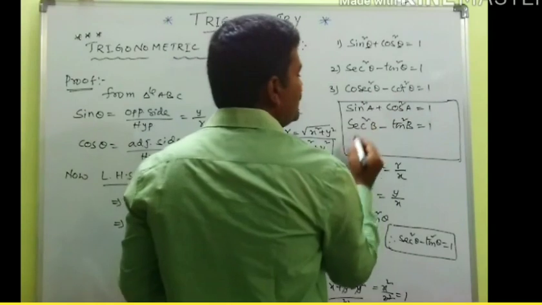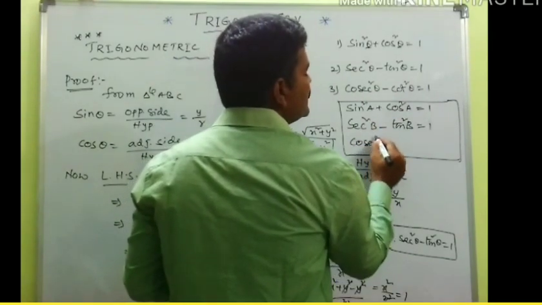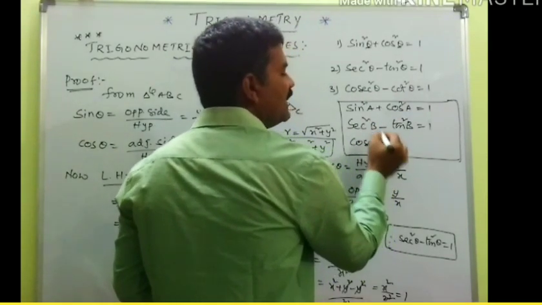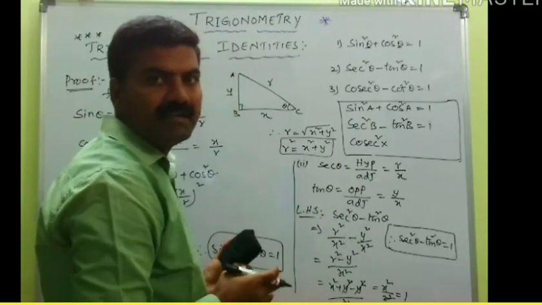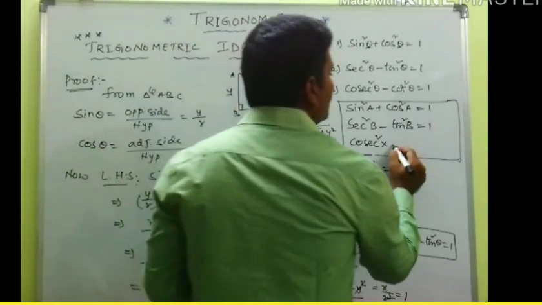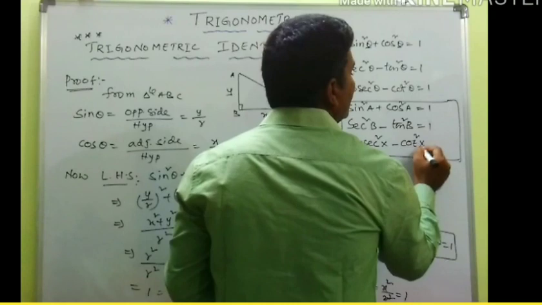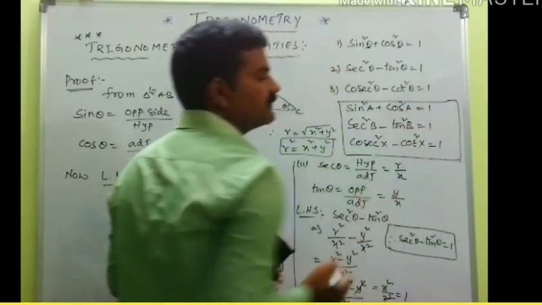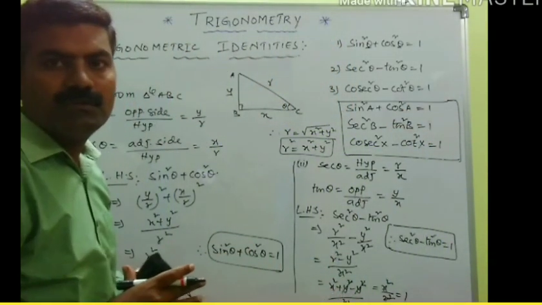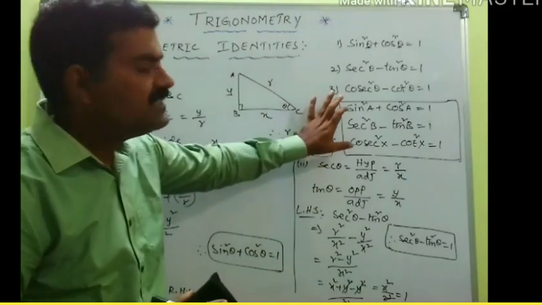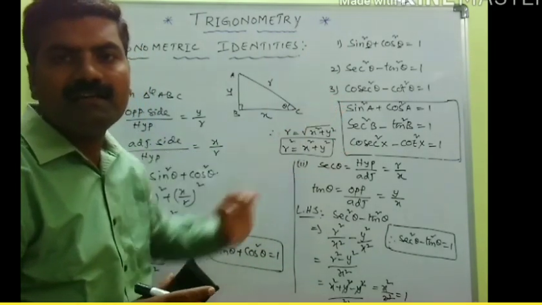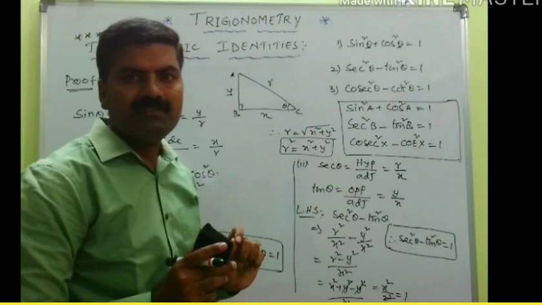And can you tell me about cosecant? Cosecant square, suppose I write x. X is also an angle. Cosecant square x minus cot square x equals 1. Here my intention is that the angle can be replaced with any letter.